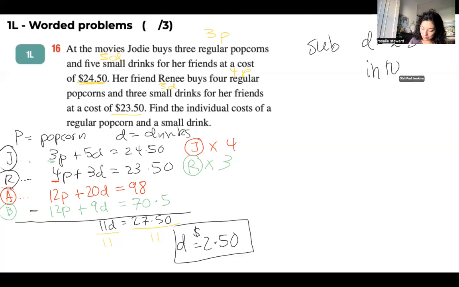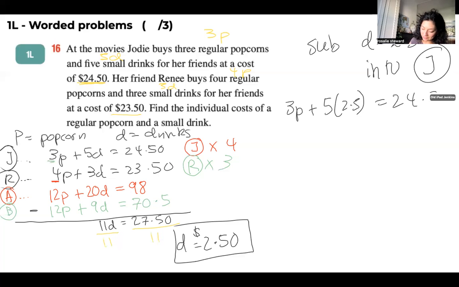I'm going to sub it into there, just because that looks nice and easy to me. So I've got 3p plus 5 times 2.5 equals $24.50. Okay. So what is 5 times $2.50? Calculate it. It's $12.50. And just bring the rest of the equation down to the next level.